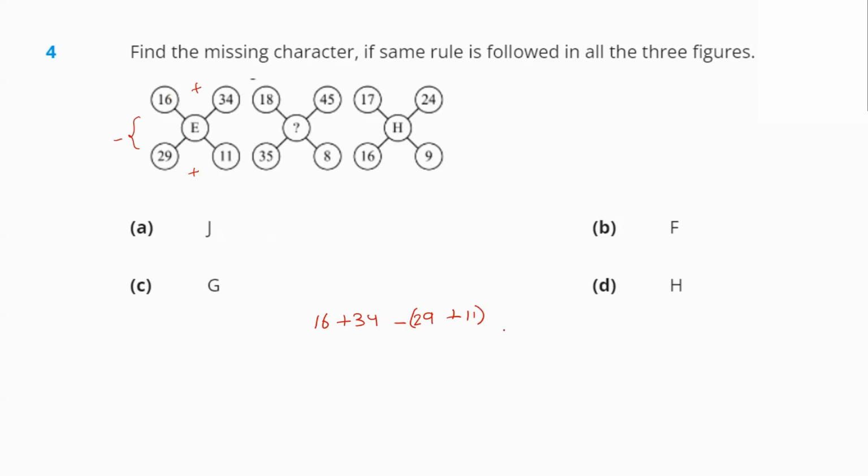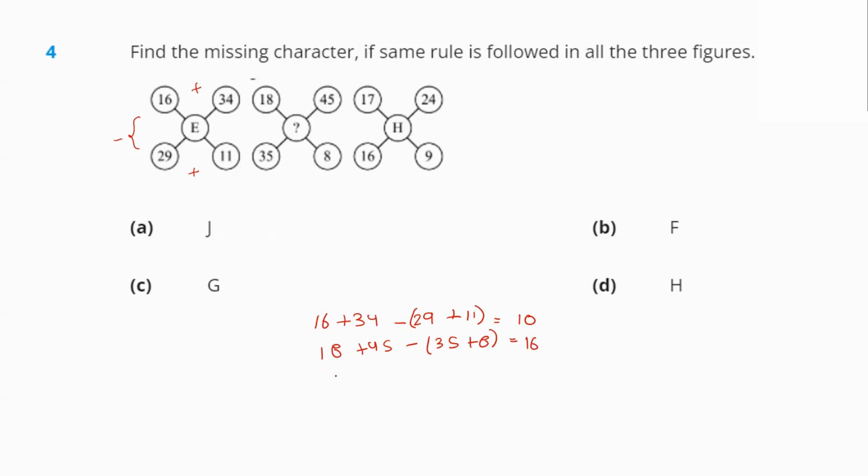In this we get 10. So 10 and E are not here. Let's see the second one. 18 plus 45 minus 35 plus 8. In this we get 16.